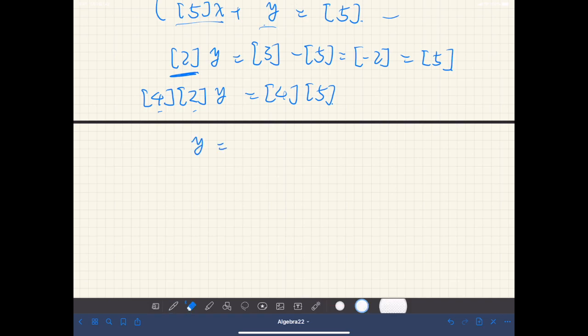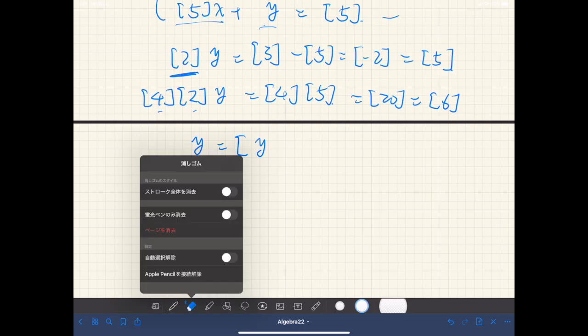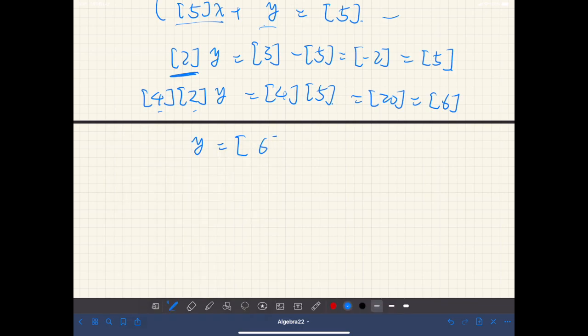So we have y equal to 4 times 5, which is 20, which is equal to, let's see, 7, so 6. So y is equal to 6. And from this, you can also show that x is equal to 4. You should verify this.